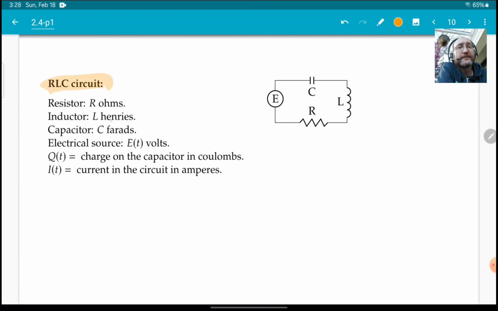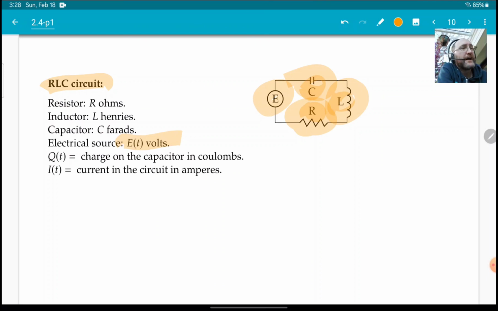RLC is from these 3 letters over here. You have a resistor of R ohms, an inductor of L henries, and a capacitor of C farads. And then there's an electrical source, and that is E volts, and that can possibly change in time.